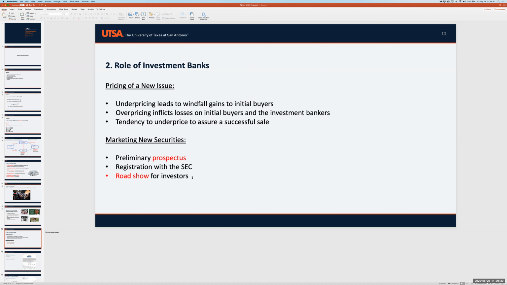Who does the roadshow? If you go back to the initial example, you want to go public. It's a huge IPO, and you need to promote your company. You need to attract investors. So roadshow is a kind of information session for the institutional investors, and the investment banker, let's say Merrill Lynch, promotes and markets the company and the IPO.